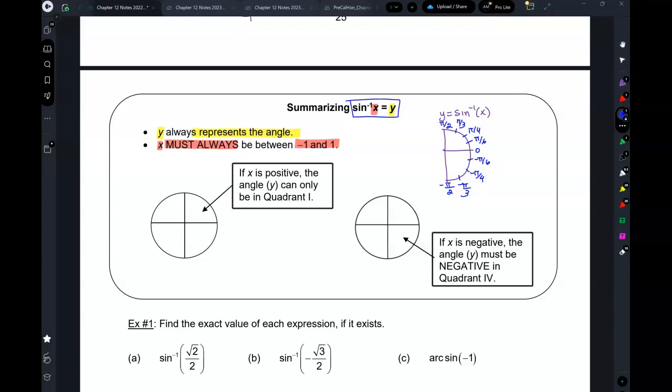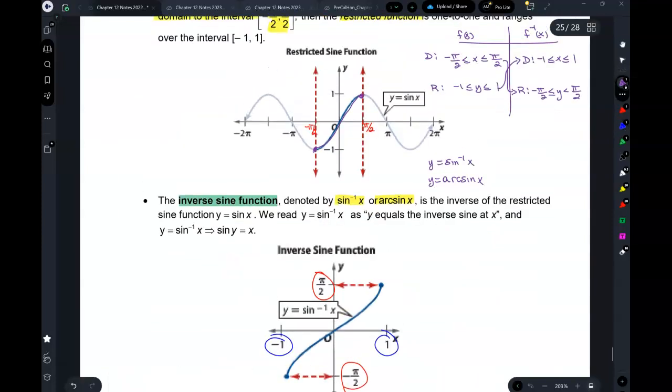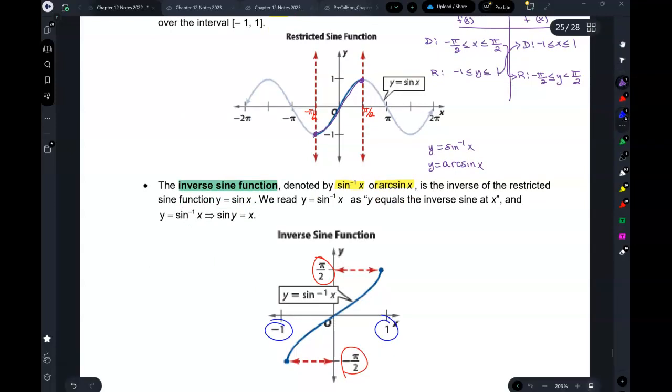Okay, so let's do this. If you go here, this is 0, this is pi over 4, negative pi over 4, right? All of those are these angles right here.